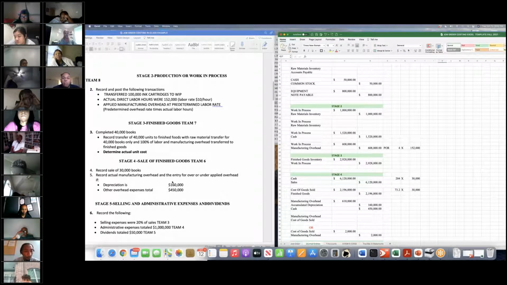After the sale, we have to record the actual overhead. So we estimated it. When we record this actual overhead, 160 for depreciation, 450 for other overhead expenses, it turns out to be 610,000. We estimated 608. It actually turns out to 610.